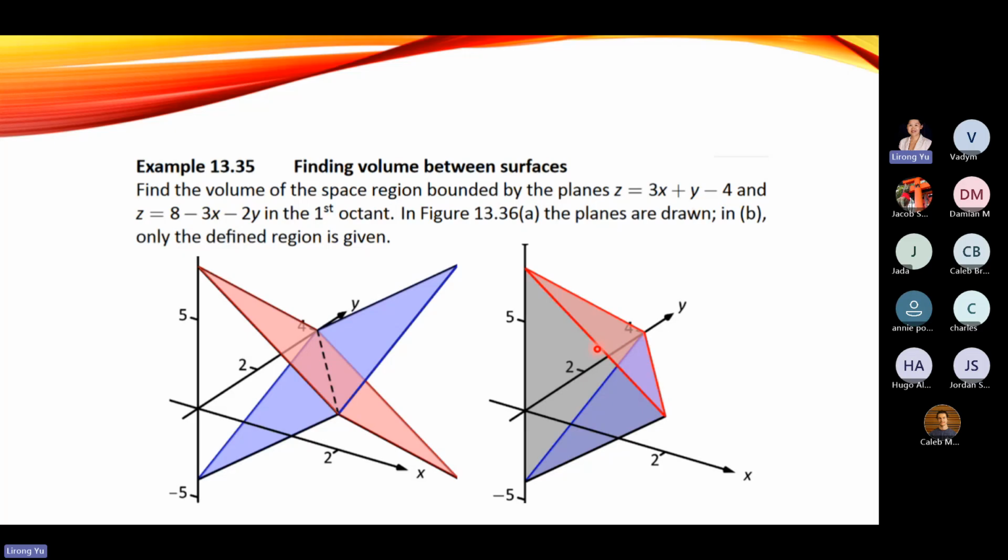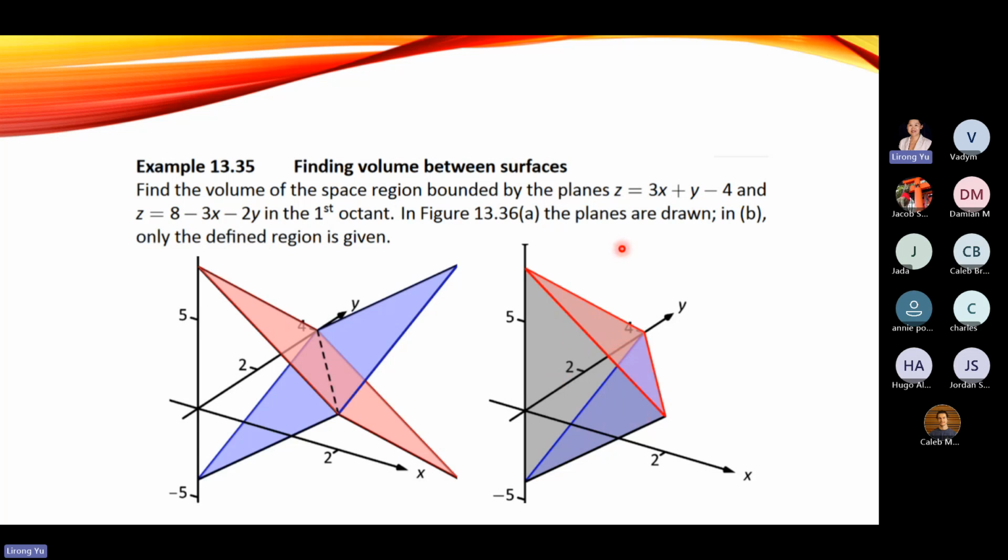First octant, doesn't that mean x is positive, y is positive, z is positive? But in here, part of z is negative. Anyway, our intention is that we are limiting x to be positive and y to be positive, and z is not limited that way. Z has its top boundary, that red plane, and the purple plane is the bottom plane.